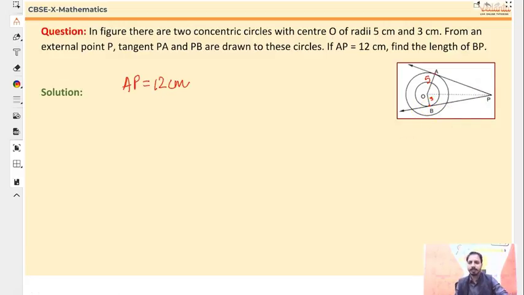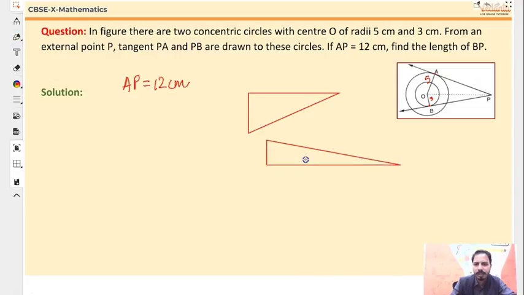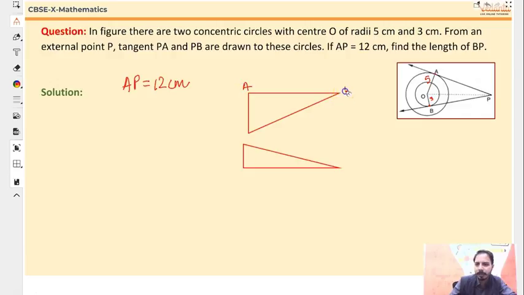So how to do this, guys? This is simple, right? We have two right angle triangles. So this right angle triangle, and we have one more right angle triangle, something like this. See here. Let this be A, P and O, and this be O, P and B. We know that this is 5 and this is 3.